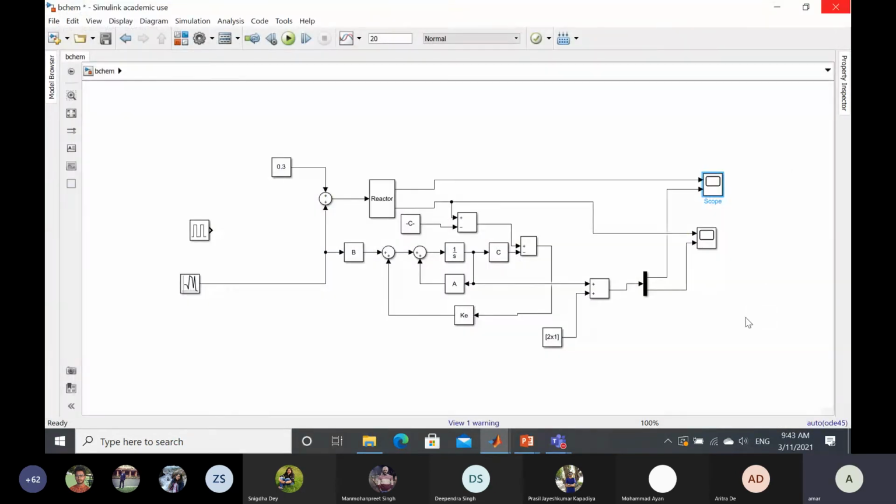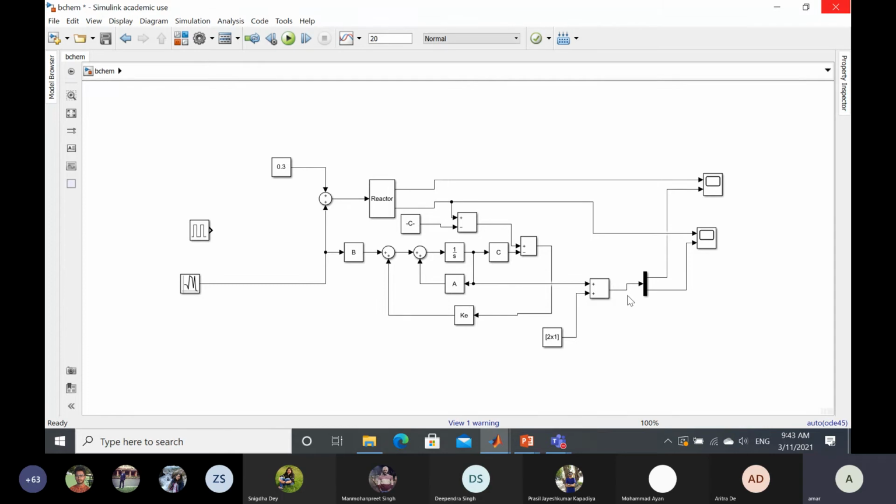Okay, so this is basically the Simulink implementation of the observer. So what we can do is also design a controller over here.